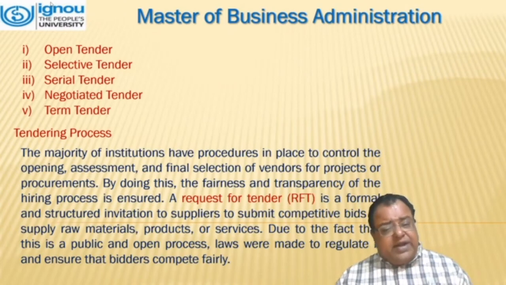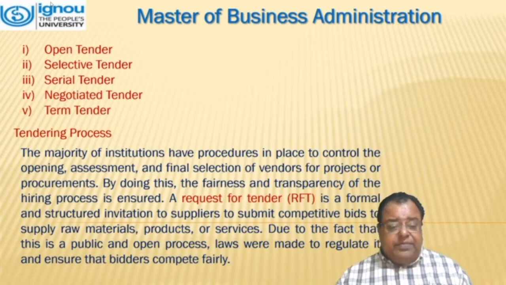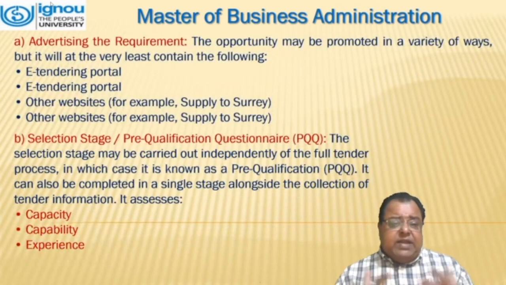A request for tender, that is RFT, is a formal and structured invitation to suppliers to submit competitive bids to supply raw materials, products, or services. Due to the fact that this is a policy and open process, laws were made to regulate it and ensure that bidders compete fairly.